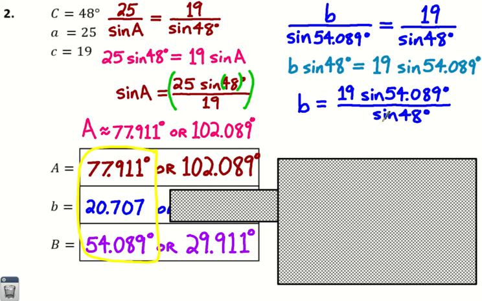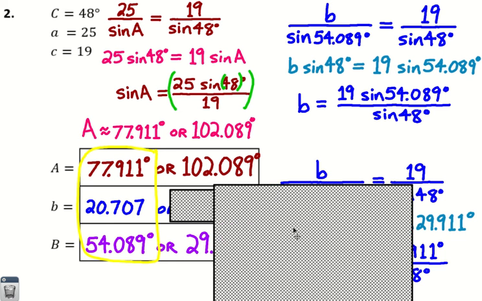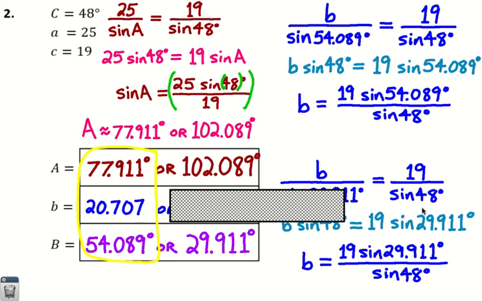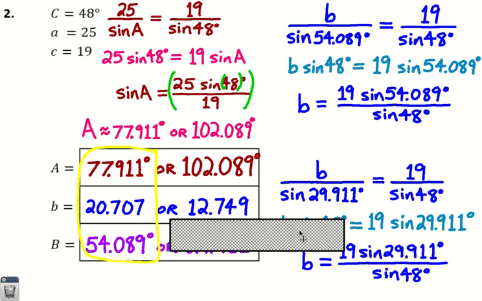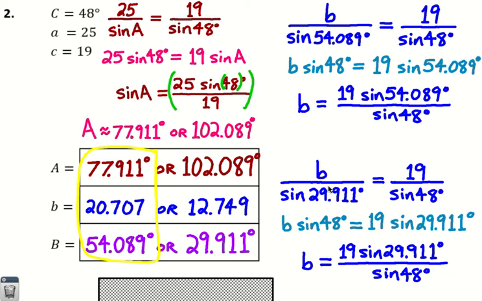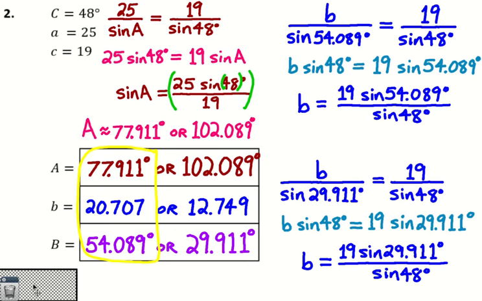And when you solve this one for little b and you let your calculator do this, you're going to get 20.707. But if instead you choose, if this was your big A, and I guess more specifically, if this was your big B, then doing this law of sines proportion where this was your big B instead, you would get 12.749 instead.